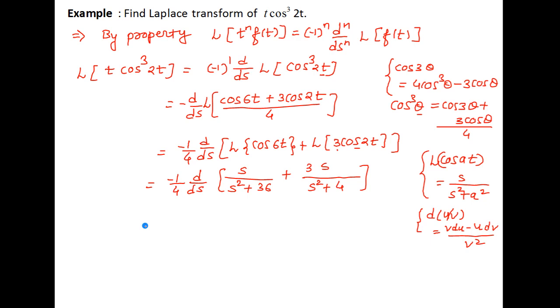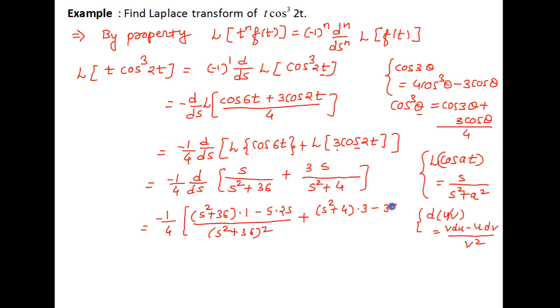So using this result here, minus 1 by 4, numerator derivative, denominator is constant, derivative of s is 1, minus, now numerator is constant, derivative of s square plus 36 is 2s upon (s square plus 36) whole square, plus similarly for this term, denominator is constant, derivative of numerator 3s is 3, minus, now numerator is constant, derivative of denominator s square plus 4 is 2s upon (s square plus 4) bracket whole square.